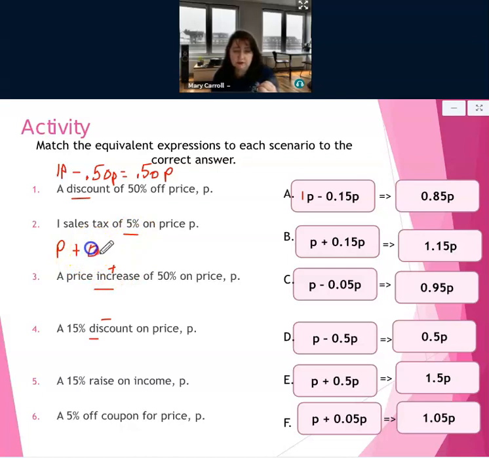Well, it's 0.05, so you should know that you're going over 2, and that's going to be P. All right, so that's just going to be 1.05p. So whatever my price is, if I want to know how much I'm actually spending with tax, if I have a 5% tax, I would just multiply 1.05 and I'd get the answer.